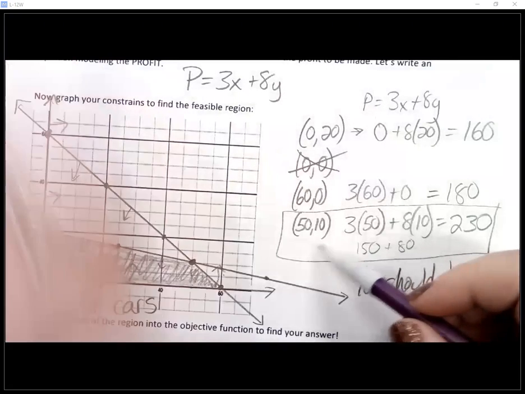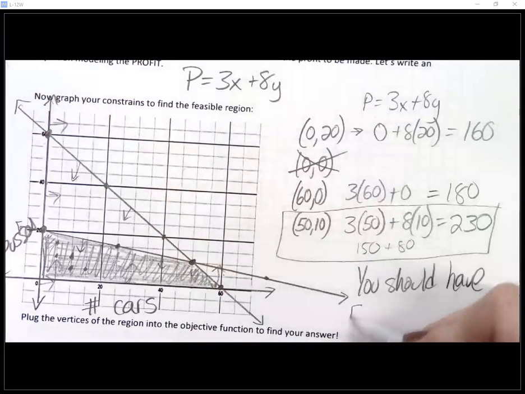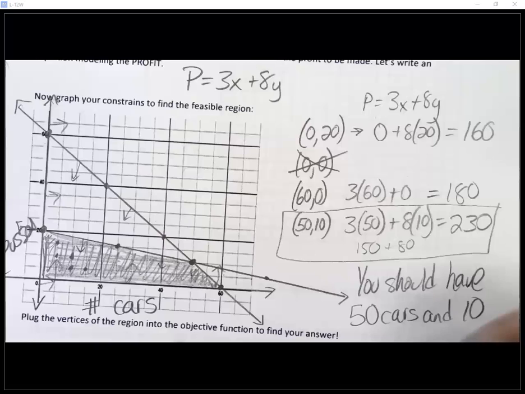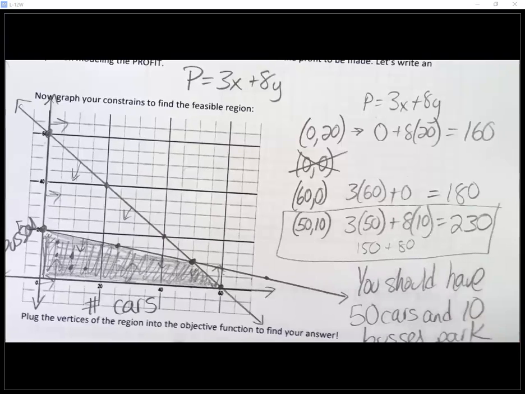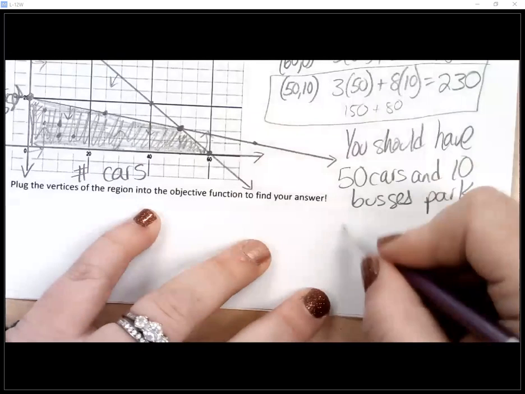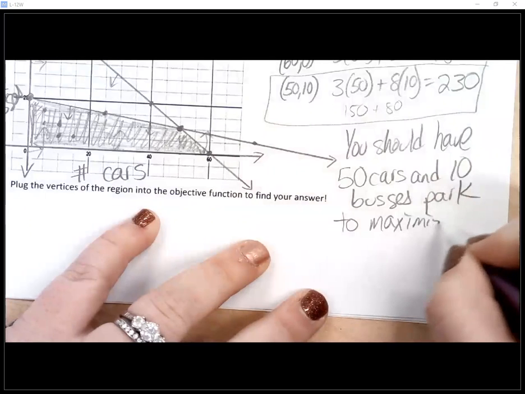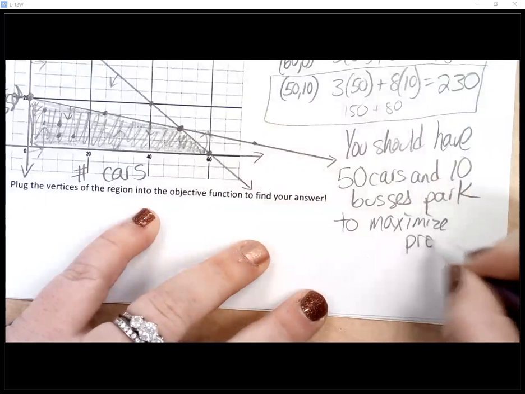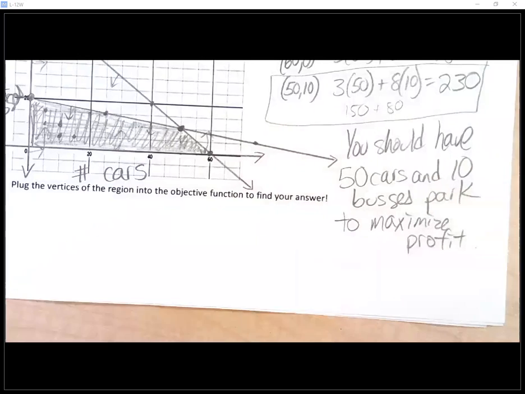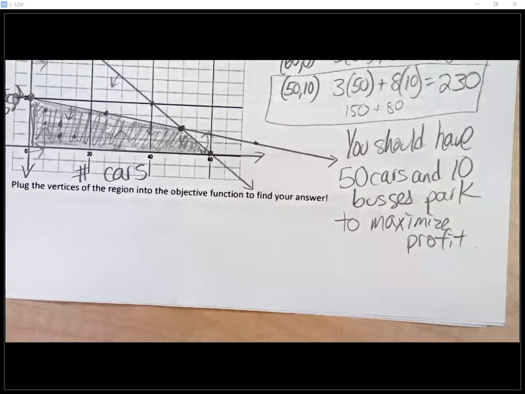So I should have 50 cars and 10 buses to maximize profit. How about that? Isn't that something?